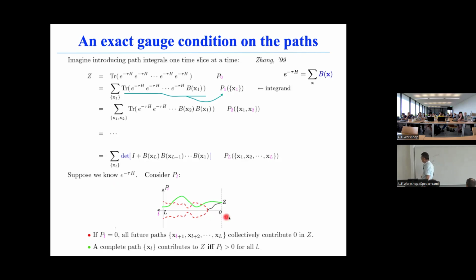I'm going to go from 0 to L to the left, just like how we did here, and I'm going to monitor this PL. Now it's a continuous function. I start from Z, which is this P0, a number, because I know all of them. I'm going to now depict this Gedanken experiment, this process, how the P's evolve.